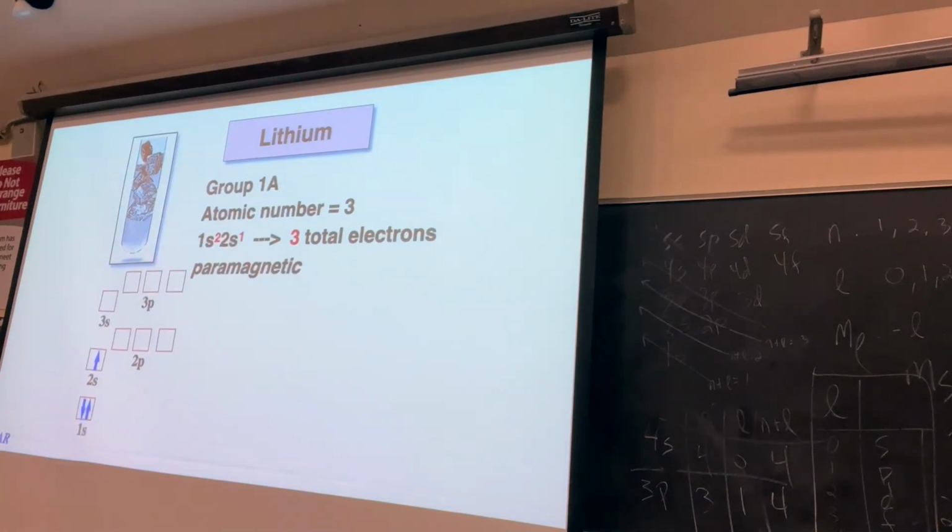This is an orbital box notation. I'm putting 1s at the bottom because that's the first one to get filled in. 2s, 2p, 3s, 3p. I'm going to put 1 electron in the 2s orbital right there. That's the third electron. Now notice that this up electron doesn't have a down, all right? That means that this is paramagnetic. It's got an odd electron all by itself.